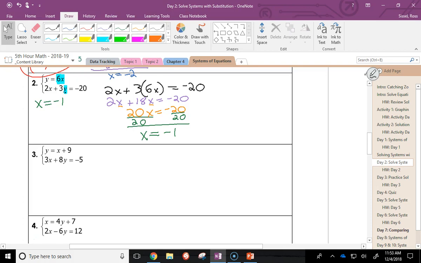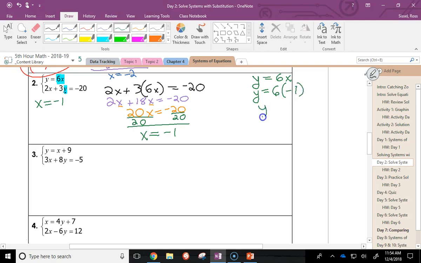Troy, why do we want to do the first equation though? It's already solved. Well, for the most part, it's already solved. I have only one y there. Plus, it looks like there's only one step to do. I'm just going to times 6 times my x. So, y equals 6x. I'm going to substitute in. X was negative 1.